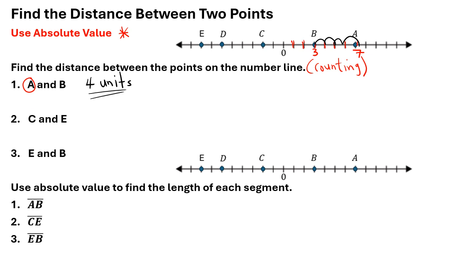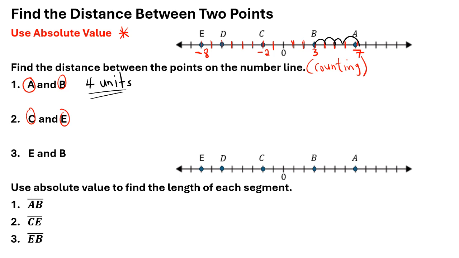Next part here we have C and E. To find the distance between C and E, we need to find the number for E on the number line. C is 2 units to the left, which is -2, and E is 1, 2, 3, 4, 5, 6, 7, and 8, which is 8 units to the left, and that gives us -8.